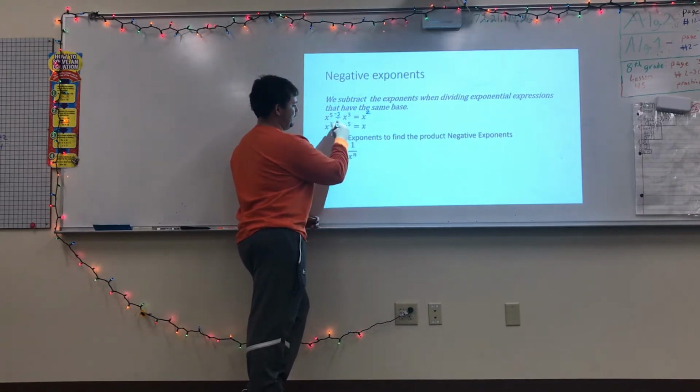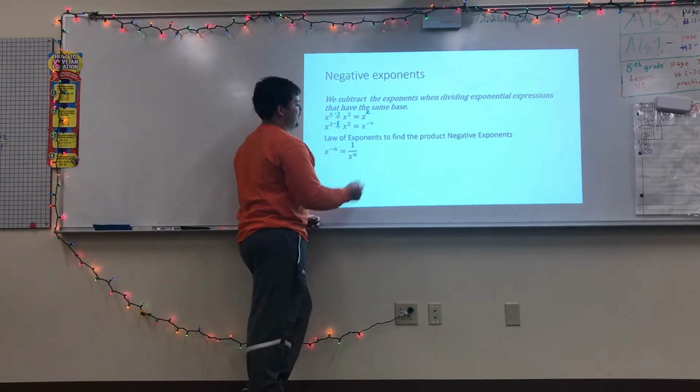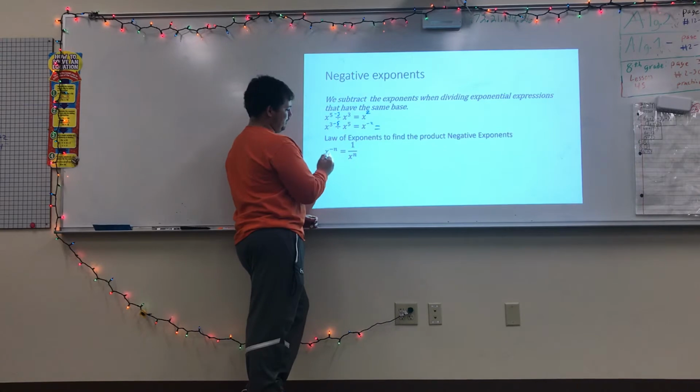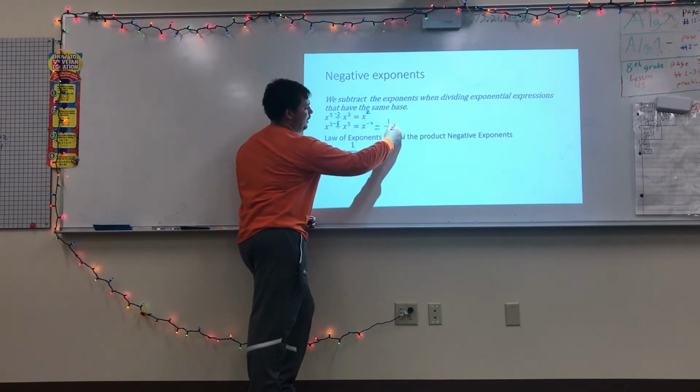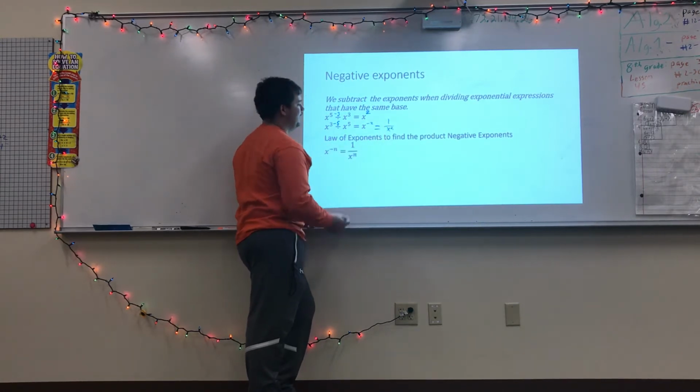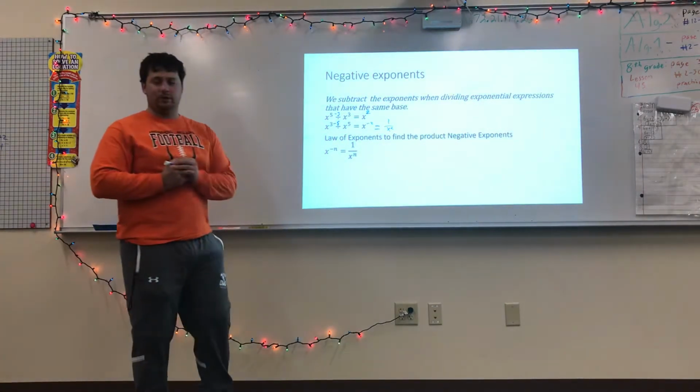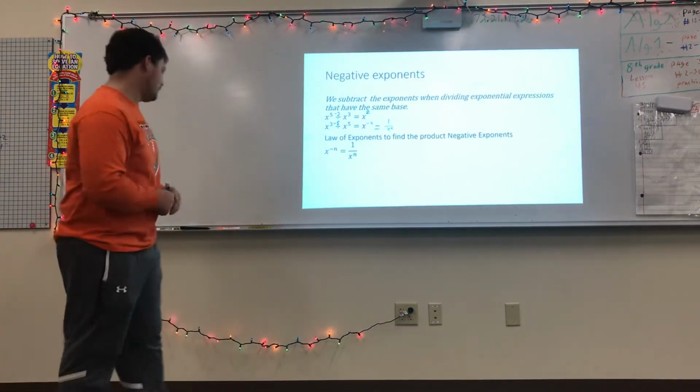When we do it here, you're going to end up with a -2, which can be rewritten. What if you have a negative exponent? To make the exponent positive, you move the variable and the exponent to the bottom over 1. So this one would be 1 over x to the second. Now you can see why those two problems are different.